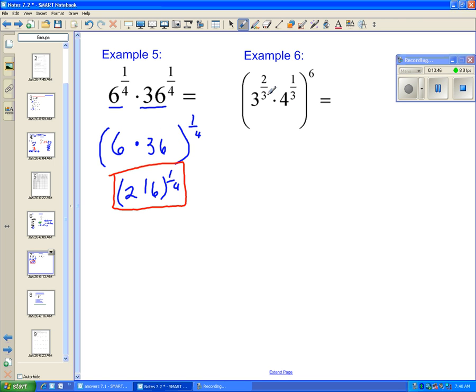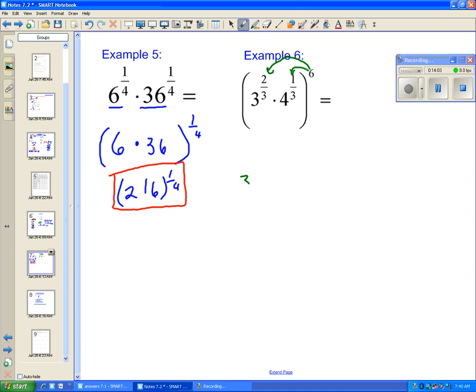Example 6, well, my powers are not the same. My bases are not the same, but I can take this exponent and I can distribute it into both of my terms here.